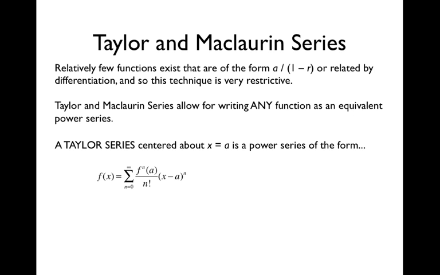And here it is. This is the nth derivative evaluated at a, times x minus a to the nth power over n factorial. Okay, so just make sure you know that that means the nth derivative of f.